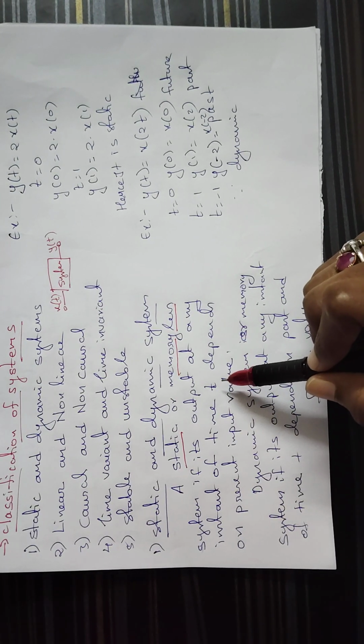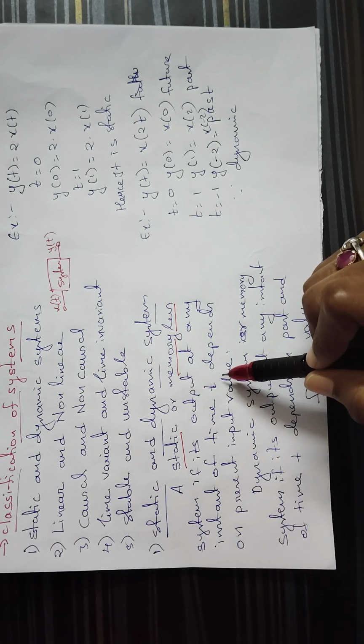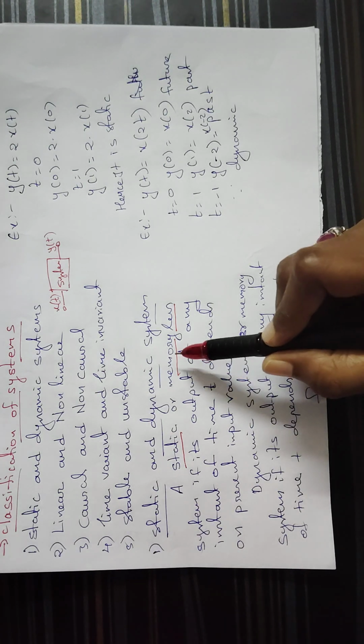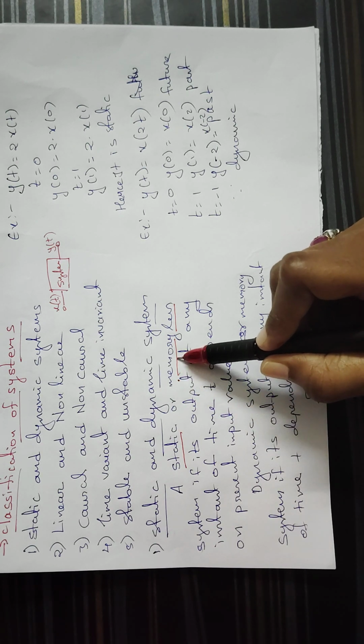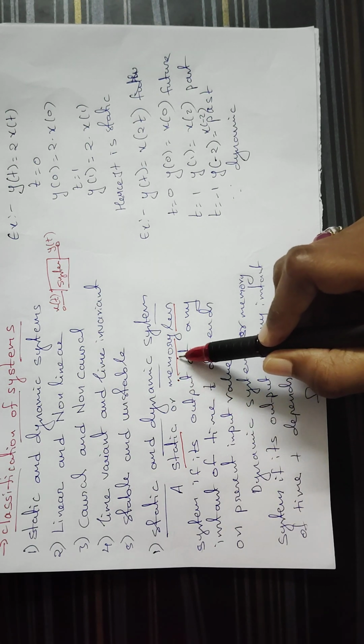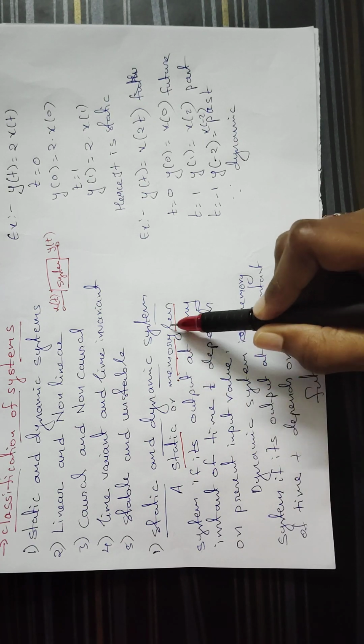It does not depend on any future or past values. Since there are no past values and the system depends only on present values, we call it a memoryless system.